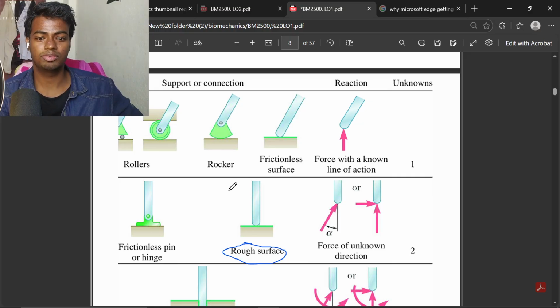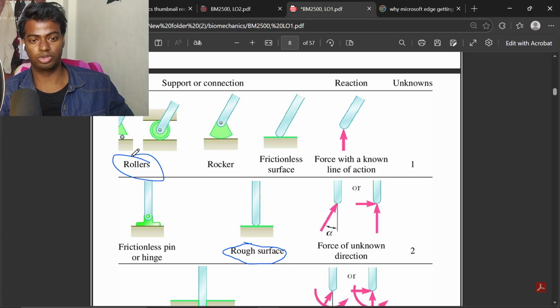This is the most efficient production of motion when it comes to applying forces. And there is the rocker, a complete sector of a sphere. Frictionless surface means it doesn't have any friction, so if you apply just a little force, it will keep moving.